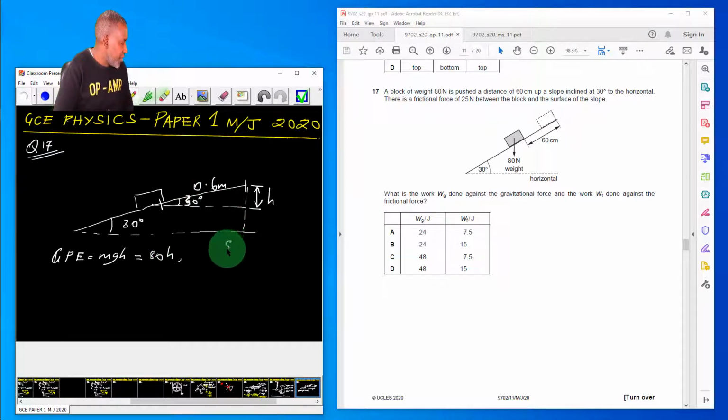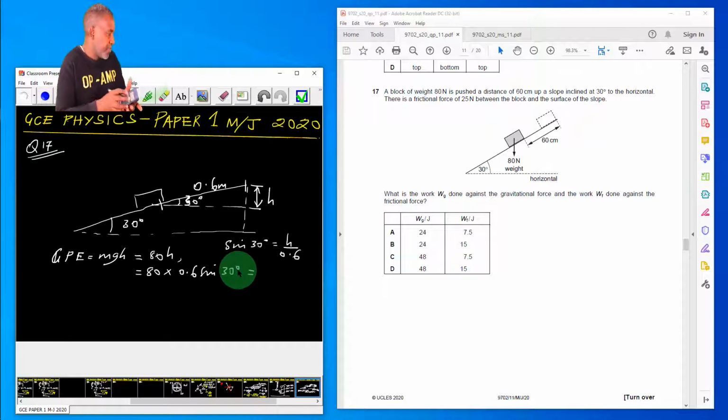If I do sine of 30, it will give me the opposite, which is h, divided by the hypotenuse, which is 0.6. So my h is 0.6 times sine 30.